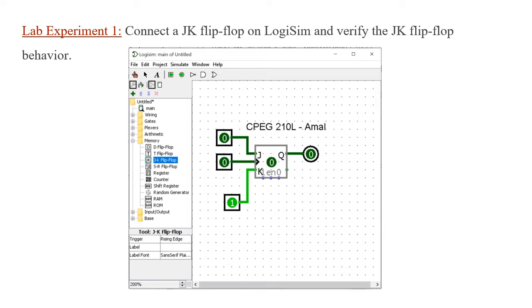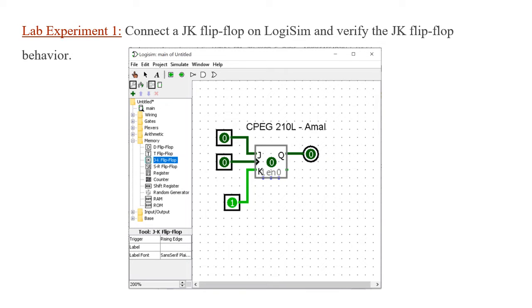In Lab 1 Experiment 1, you're required to connect the JK flip-flop in Logisim and verify the JK flip-flop behavior. Here I have a screenshot of Logisim with the Experiment 1 circuit connected. Just a few important notes.